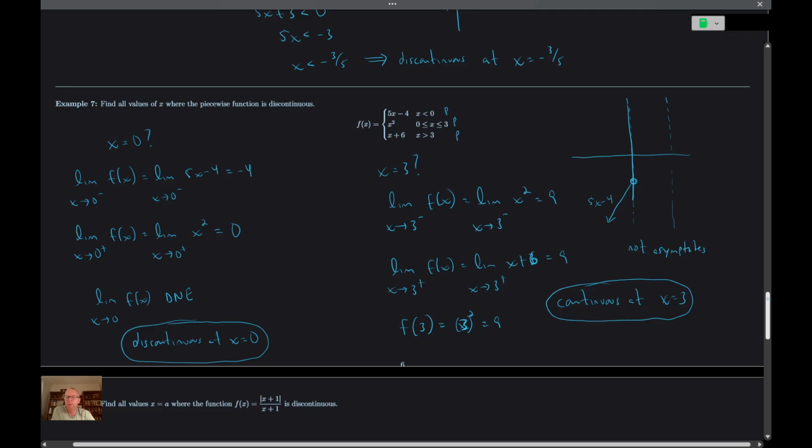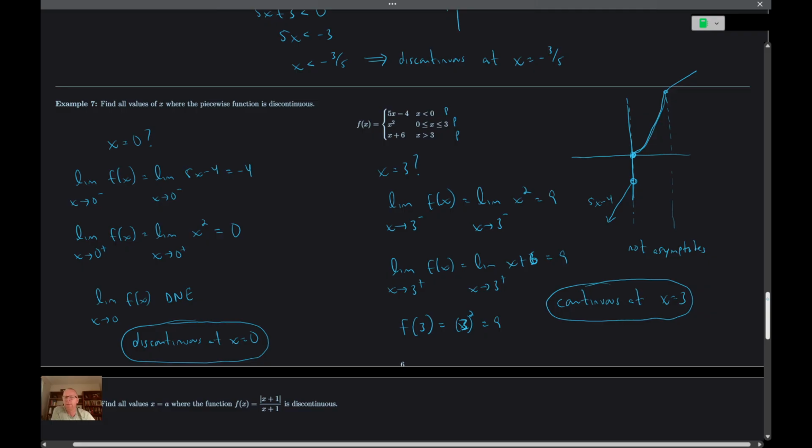Then between 0 and 3, we're drawing x squared. So f of 0 would be 0. f of 3 would be 9. We'll just draw it up here and then connect that with the parabola shape. And then x plus 6, that's a slope of positive 1, so it's going to go up like that.